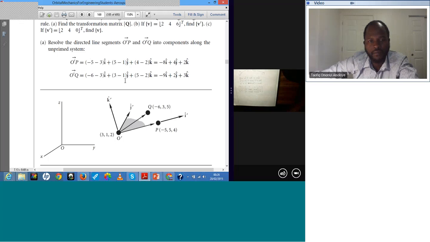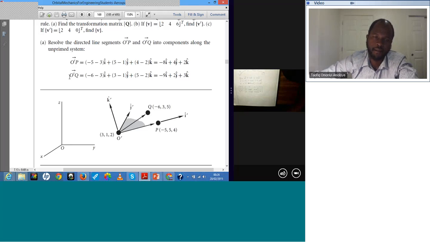Then for its components in the y-axis of the unprimed system, we have 5 -1, and the same for k, you have 4 -2. So that is OP in terms of x, y, z of the unprimed system.